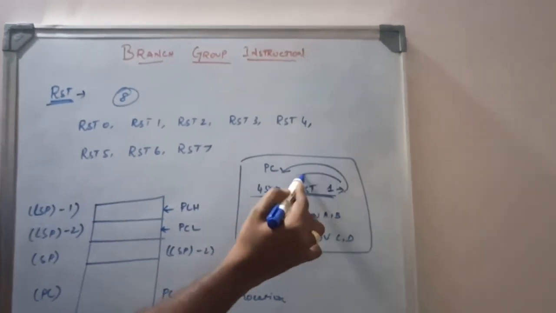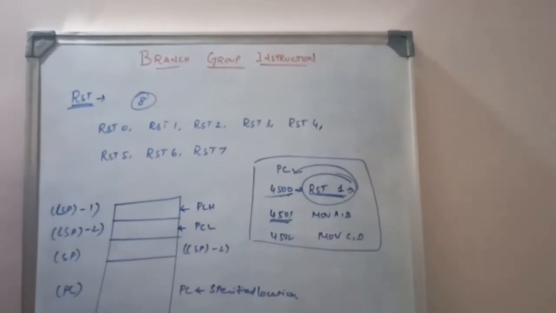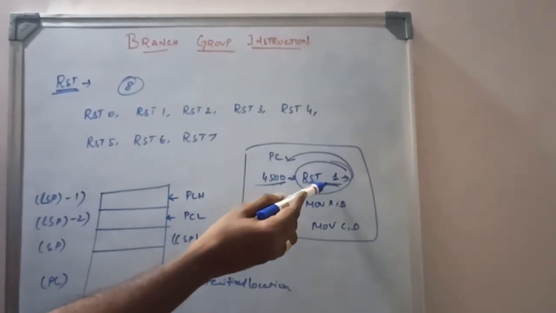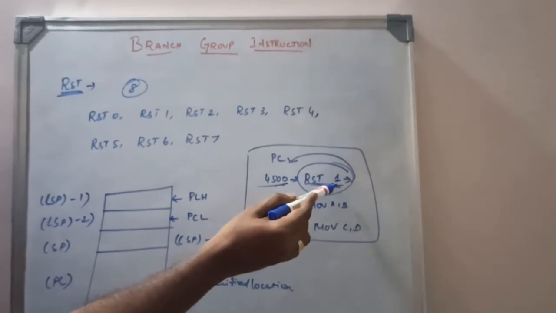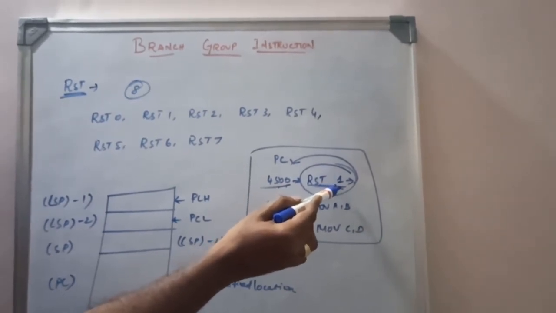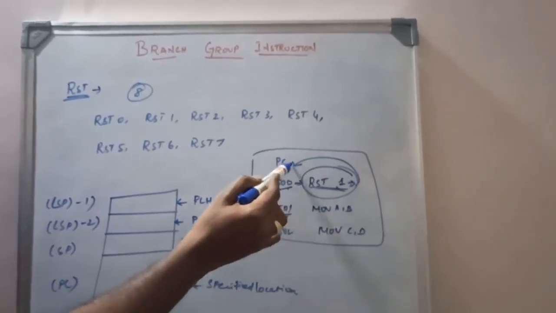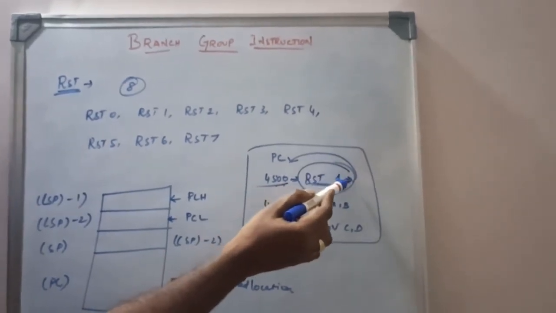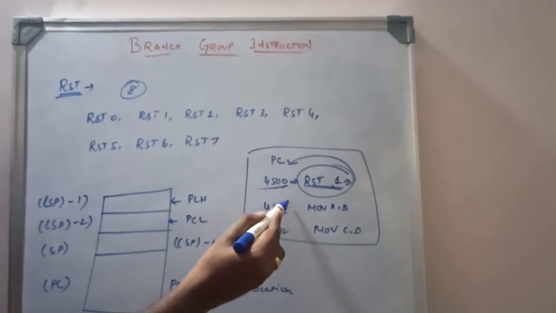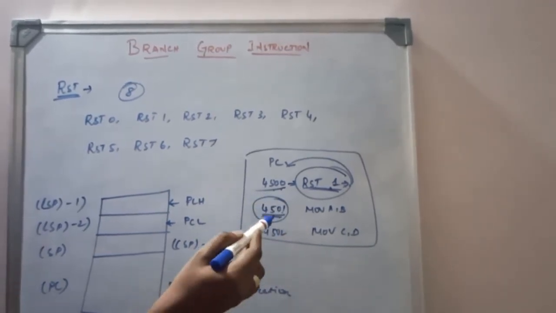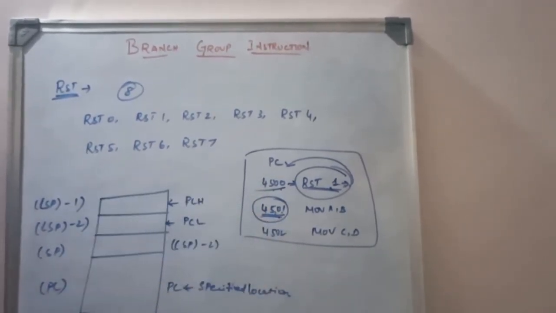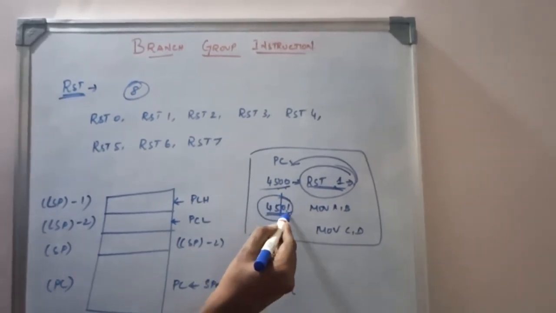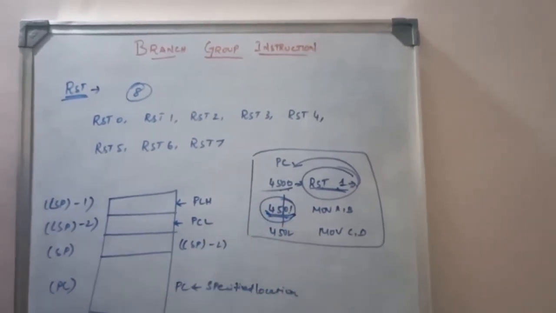Once RST 1 is raised, the microprocessor stops the current program and goes to the specified location of this function. This location is moved to the program counter. Before moving this location to the program counter, whatever value is present in the program counter is moved to the stack. It's a 16-bit address. The lower order address is 01, the higher order address is 45.